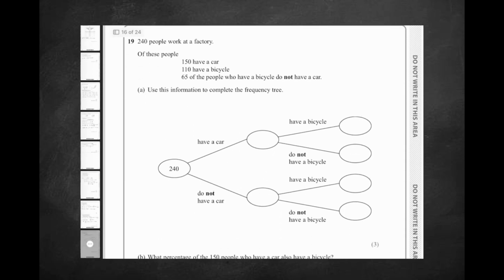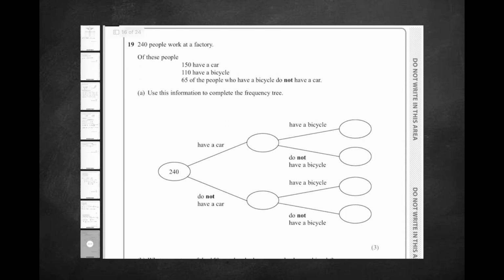Moving on. Question 19. 240 people work at a factory. Of these people, 150 have a car, 110 have a bicycle, 65 of the people who have a bicycle do not have a car. Use this information to complete the frequency tree.